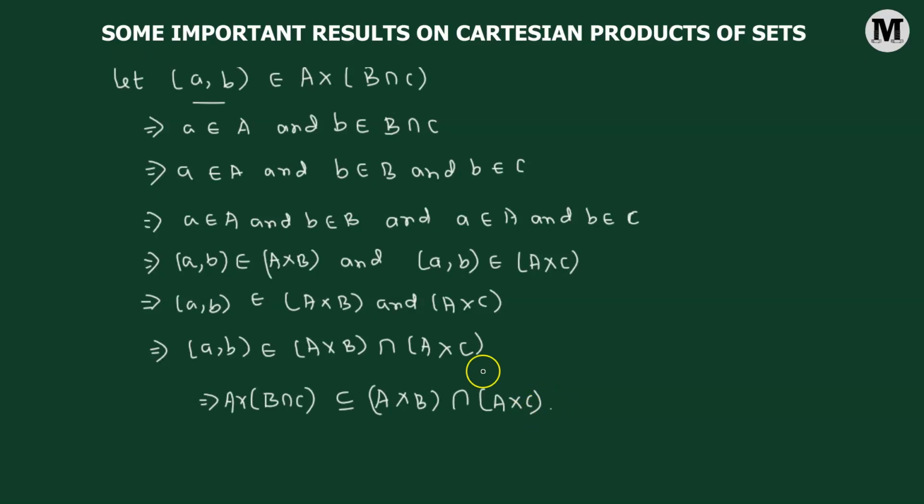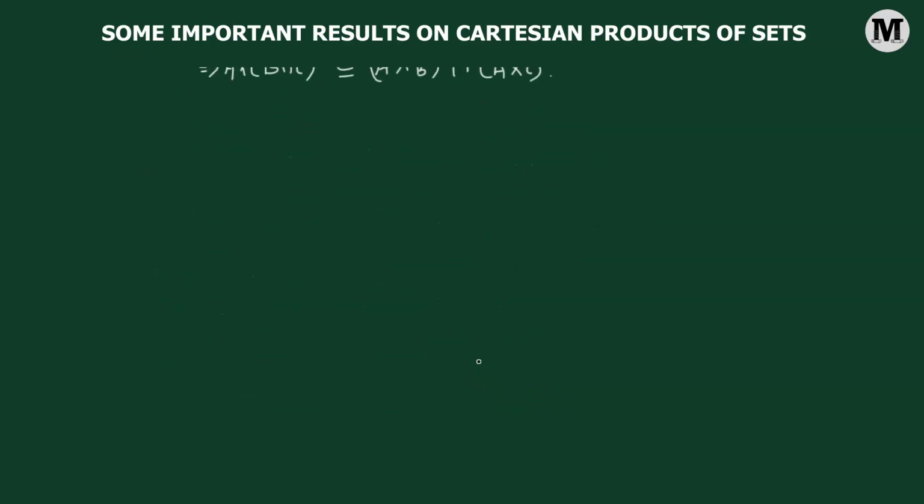Fine. Okay, now we can show the other way around. So we'll take the same approach. Here we will consider another ordered pair.